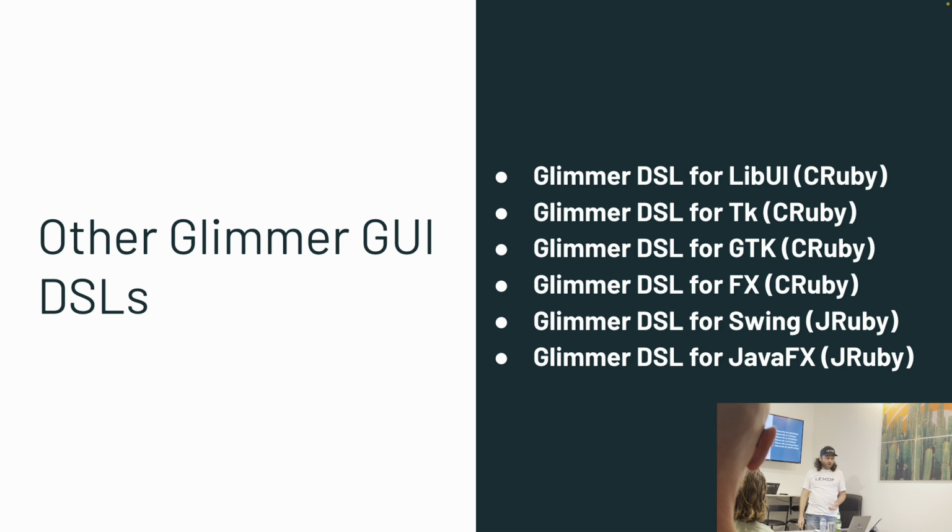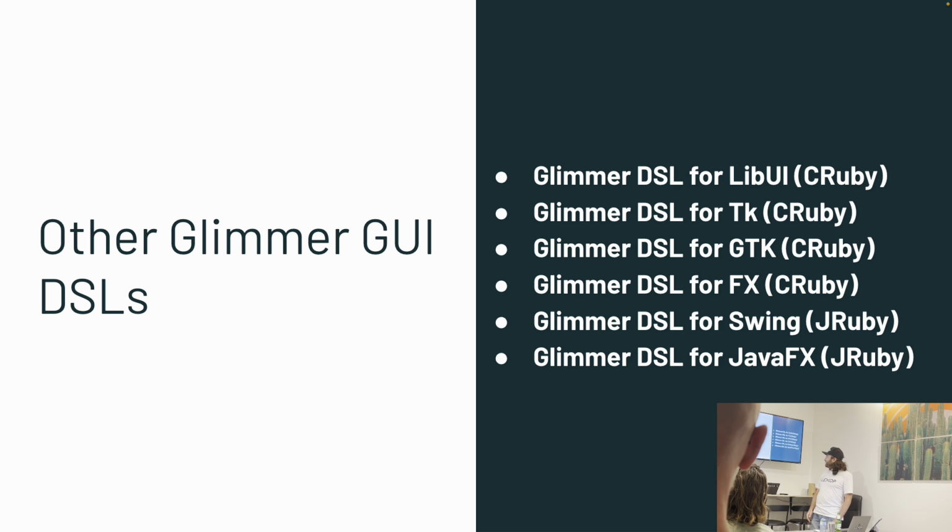So if you like the JRuby version and you want to use CRuby, check out Glimmer DSL for libui. It almost has all of the features of Glimmer DSL for SWT. I continue to update it to match it feature for feature, but right now it has about, I would say, 80% of its features, including bidirectional and unidirectional data binding, which, by the way, is the reason why I won. Matz told me that the data binding part was the most interesting thing in the project.